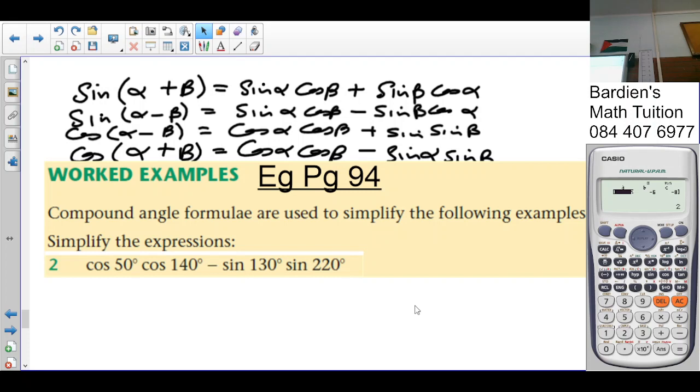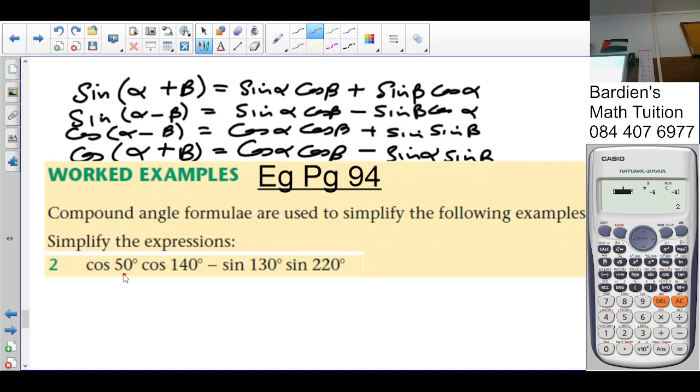In example 2, we are given cos of 50, cos of 140, minus sine of 130, sine of 220. So what can happen here?